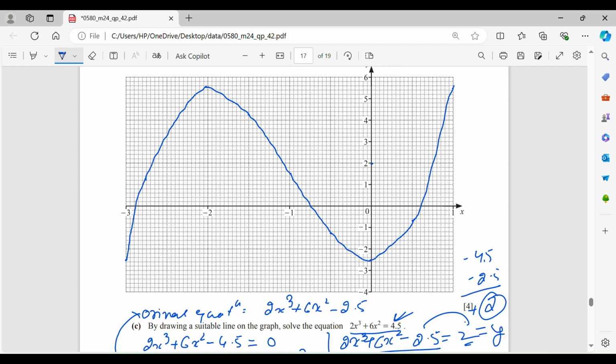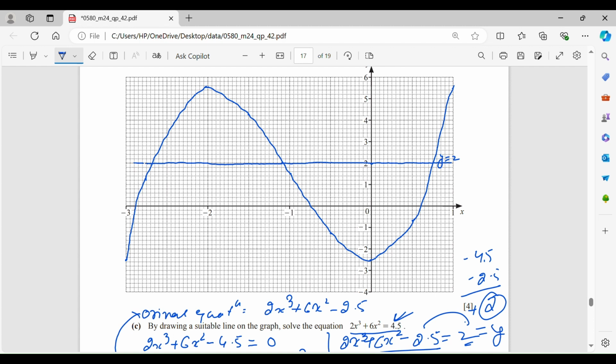We have to make one straight line, y equal to 2. I am doing it slowly. This is y equal to 2.